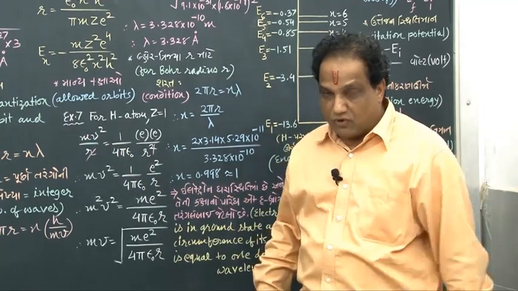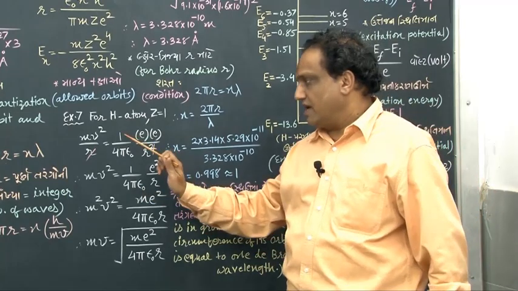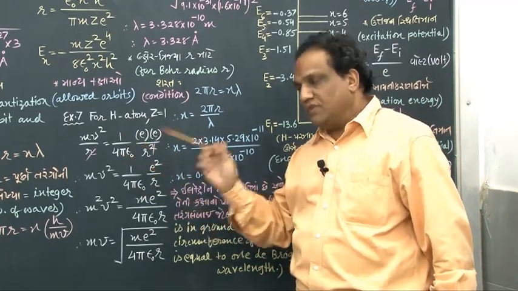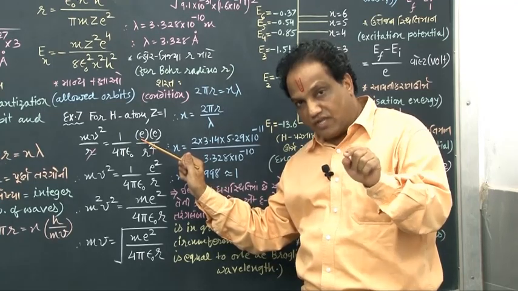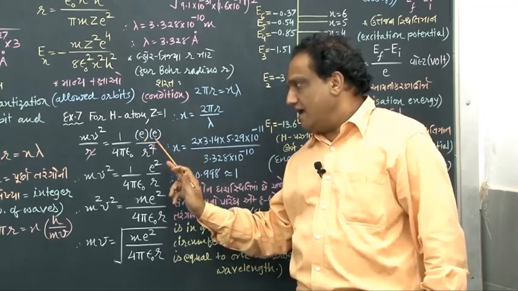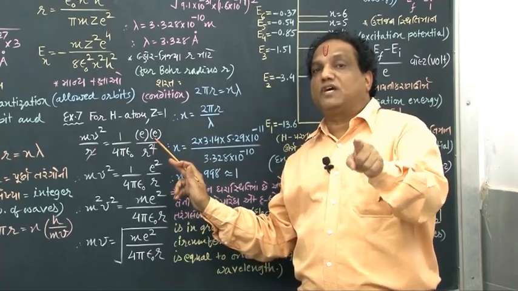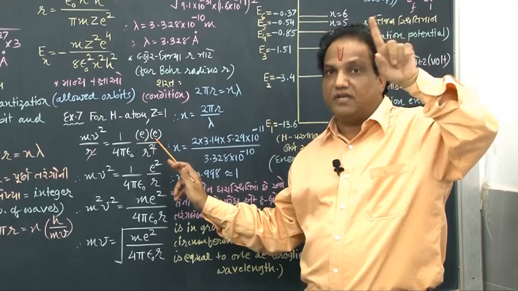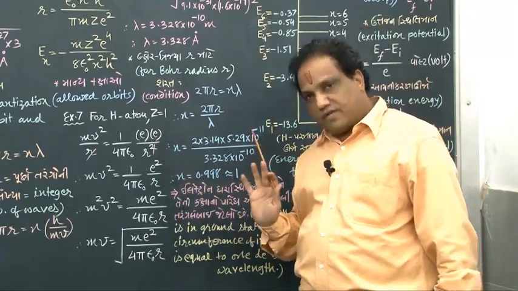The Coulombian force is k q1 q2 upon r square. Instead of small k, I am writing 1 upon 4 pi epsilon 0. Instead of q1, I am writing the magnitude of the charge of 1 proton in the nucleus of the hydrogen atom. And e is q2, the magnitude of the charge of 1 electron orbiting the nucleus in that hydrogen atom, divided by r square.